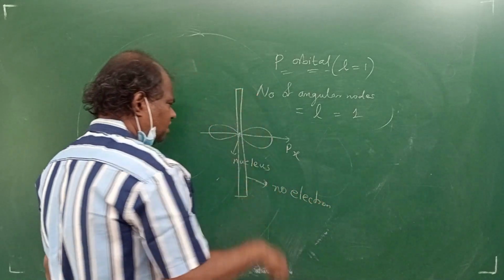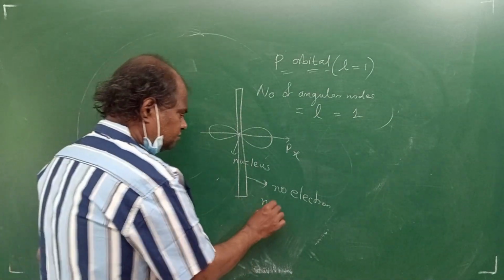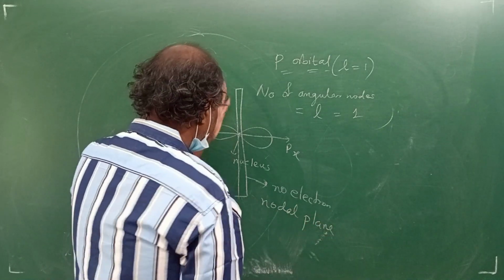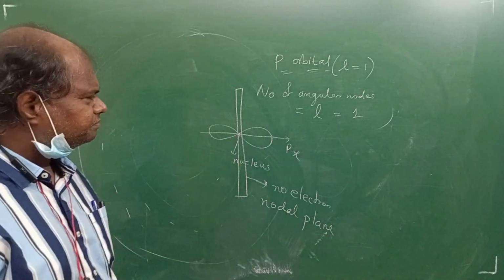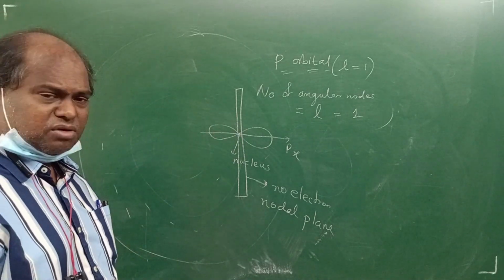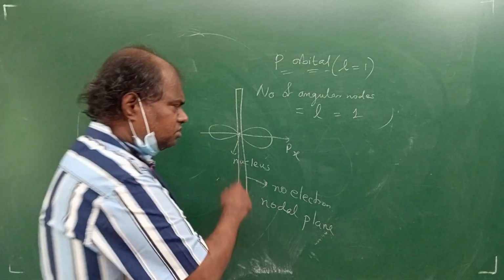Clear? This is called a nodal plane. So this will have one nodal plane, which contains the nucleus. So px, you will see one nodal plane.